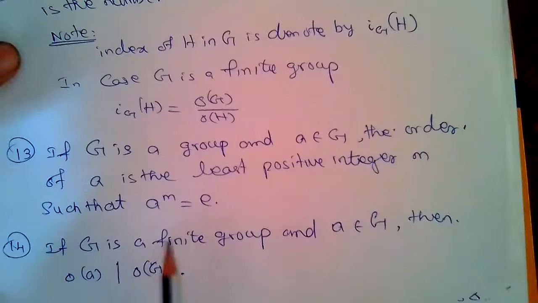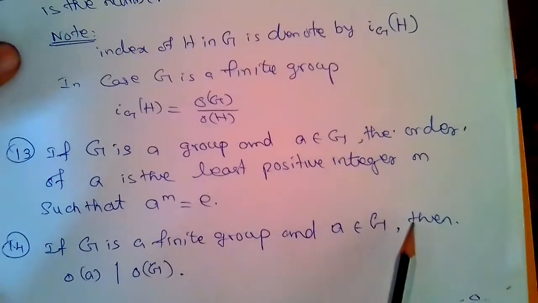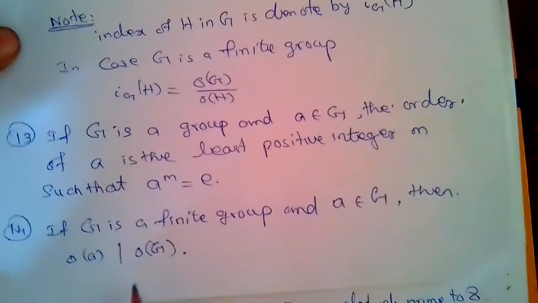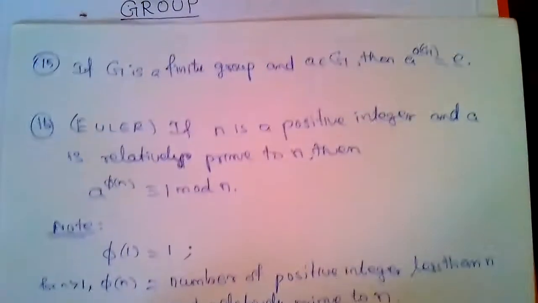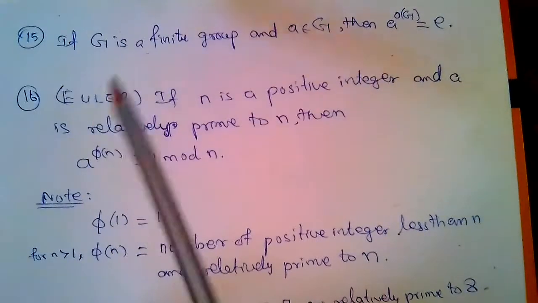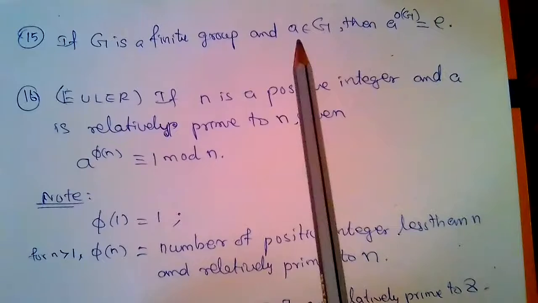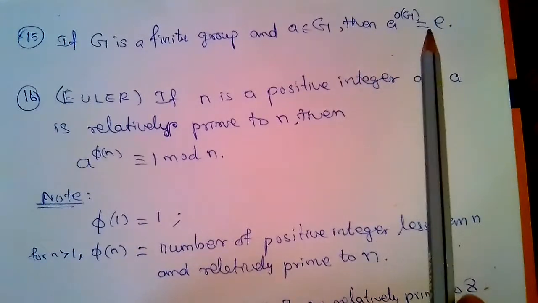If G is a finite group and a belongs to G, then the order of a divides the order of G. If G is a finite group and a belongs to G, then a power order of G is equal to e.